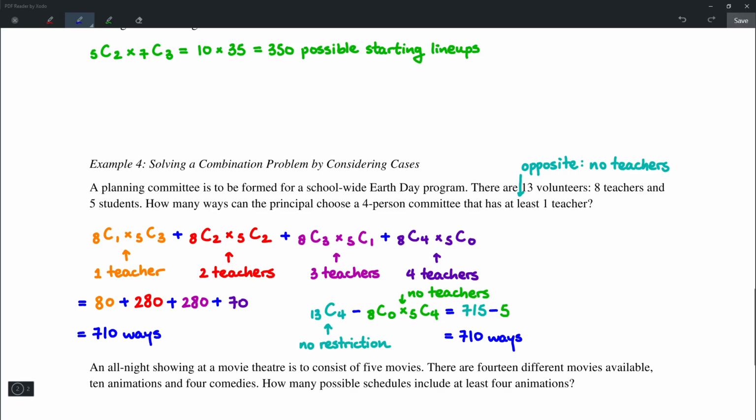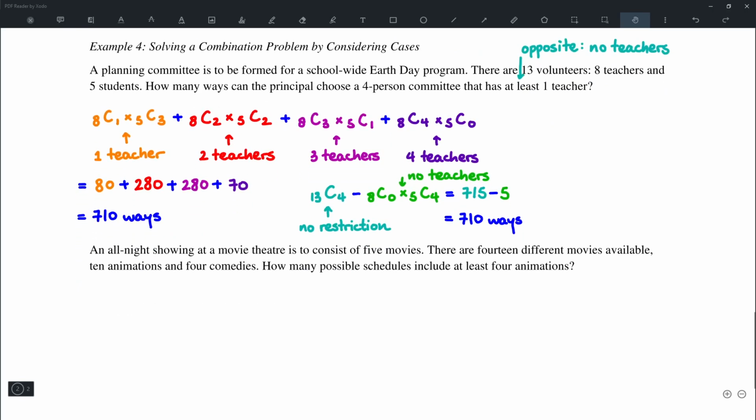Let's look at one more short example here. We are showing 5 movies. There are 14 available, 10 animations and 4 comedies. So we're looking for schedules that include at least 4 animations. So we can either have 4 animations, in which case we have 1 comedy, and then the case where all 5 movies are animations, and then there are no comedies.